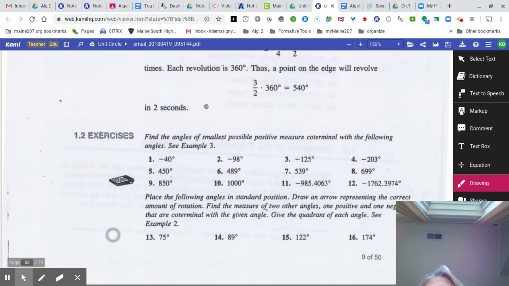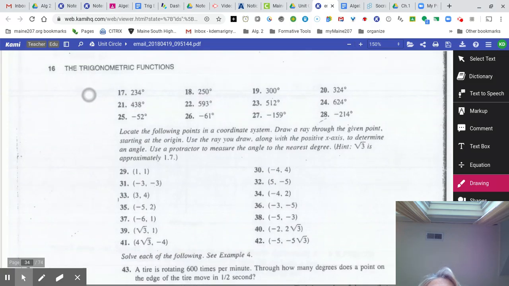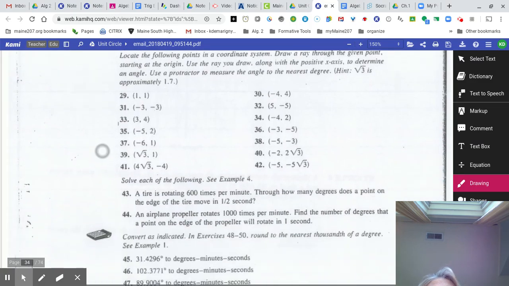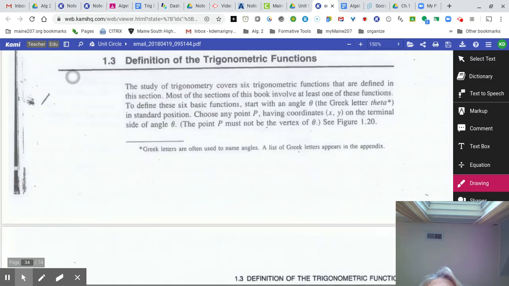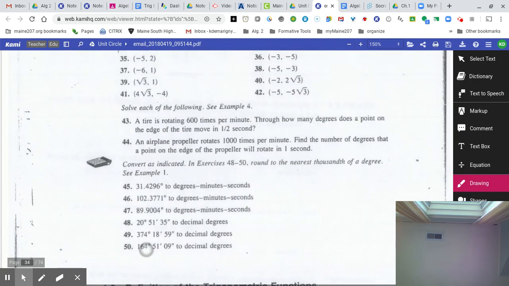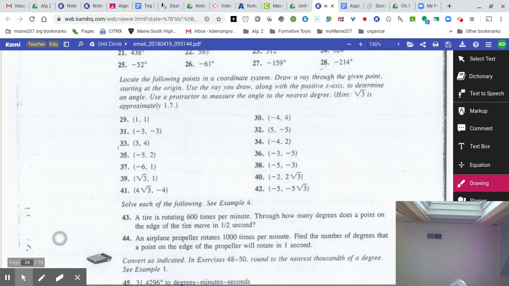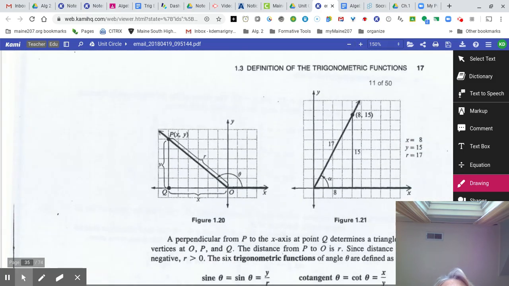All right, so let's take a look. You are going to page 20, I believe is what your note packet said. So today you're on page 20. Let me make sure I'm on the right exercise for you.